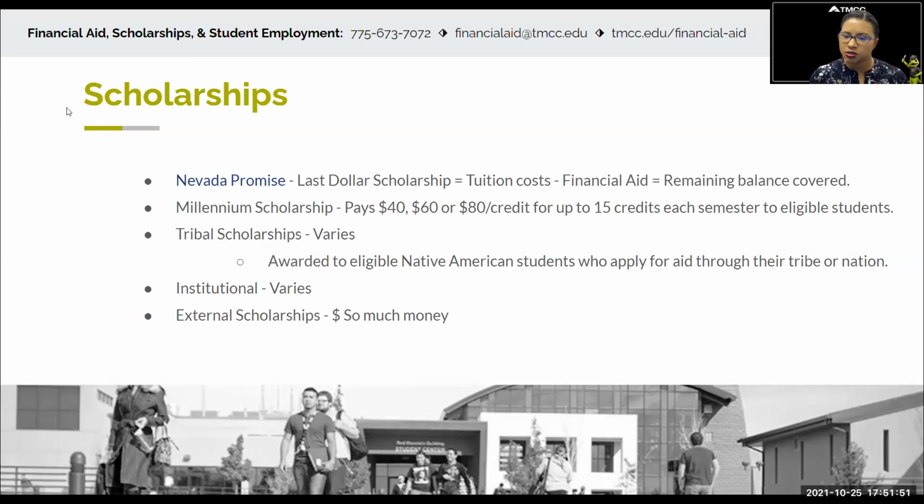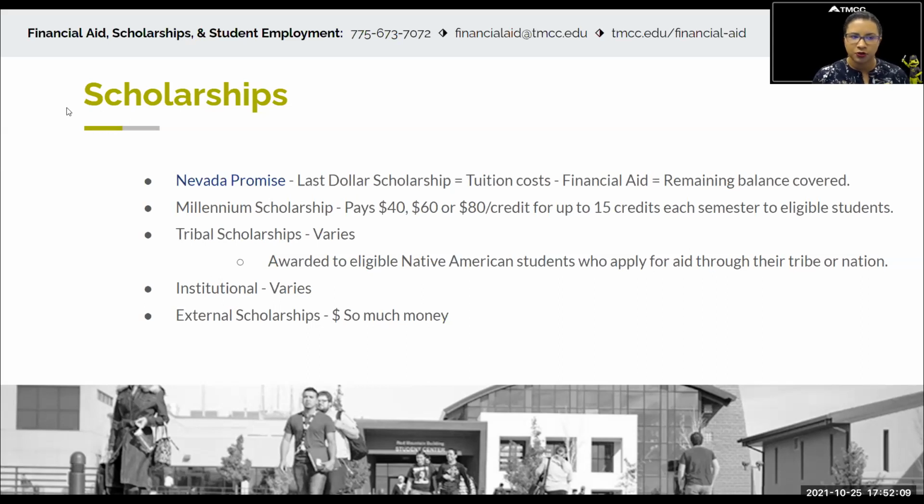When I say it's a last dollar scholarship, what that means is your tuition and fees are going to be paid as long as you still have a remaining balance after your gift aid has been applied.